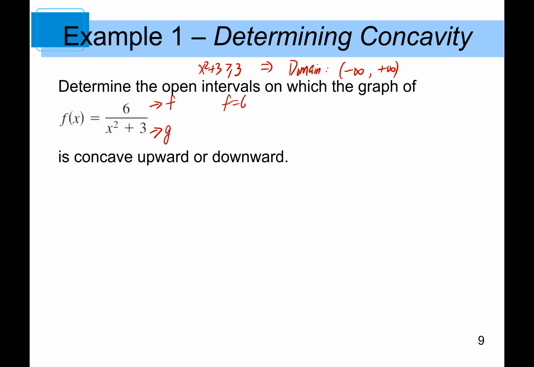When f equals 6, f prime, the derivative of a constant, is 0. g equals x squared plus 3, and g prime is going to be 2x plus 0, which is just 2x. Now we can apply the quotient rule: f prime g minus f g prime over g squared.